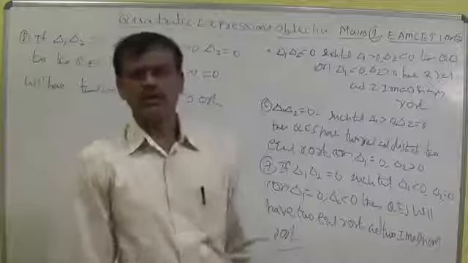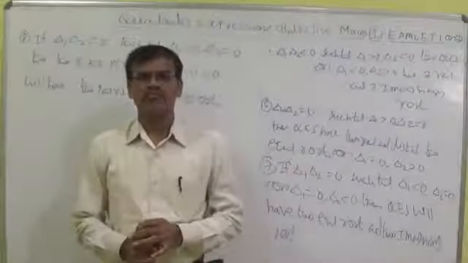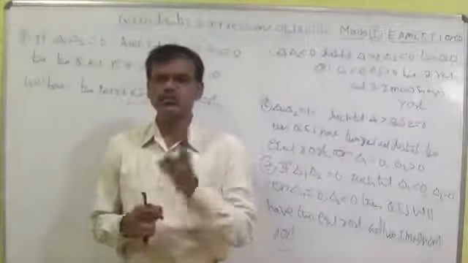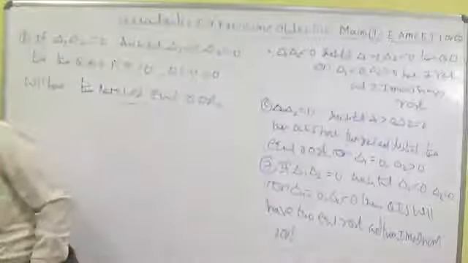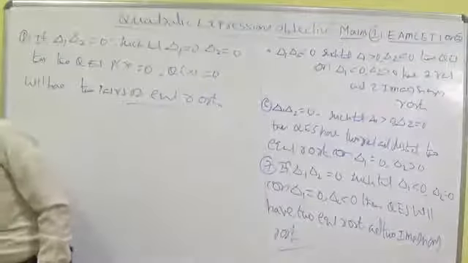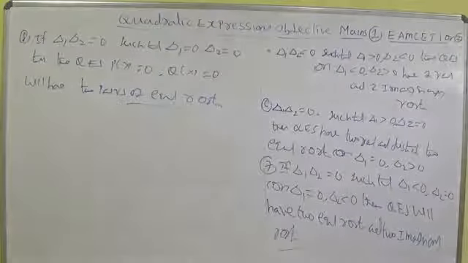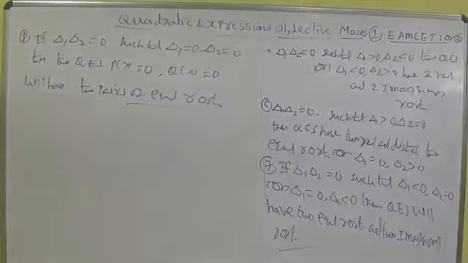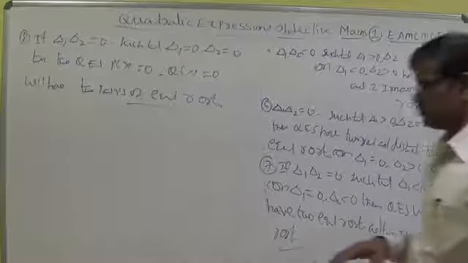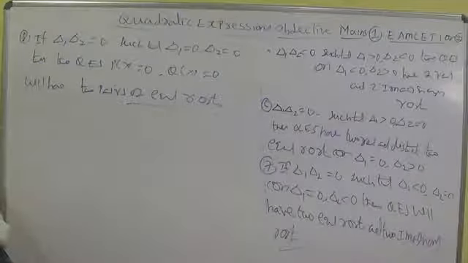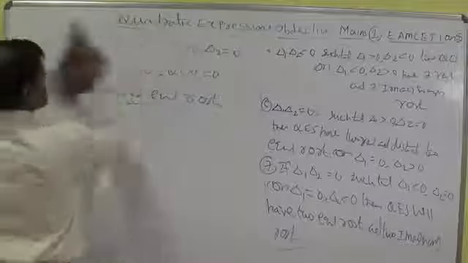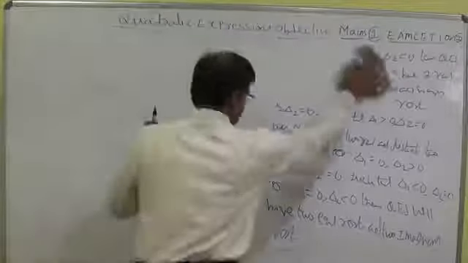This is the concept of the combined discriminants of two quadratic equations. Now let us discuss the characteristic of common root properties. Synopsis Roman number 1 completed. Now let us write synopsis Roman number 2.